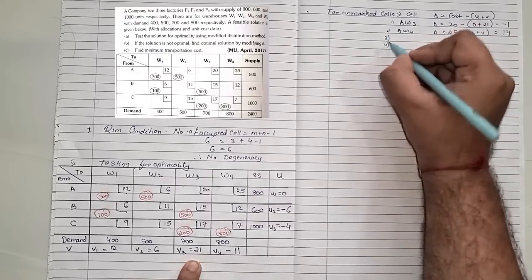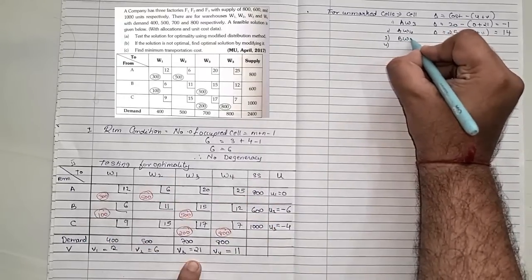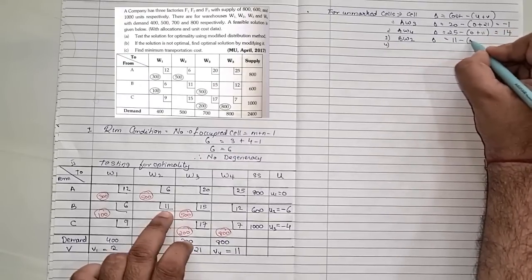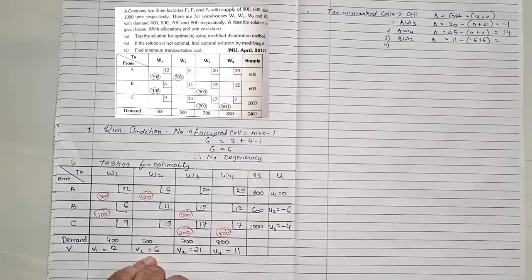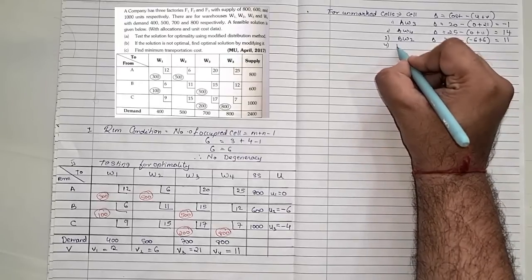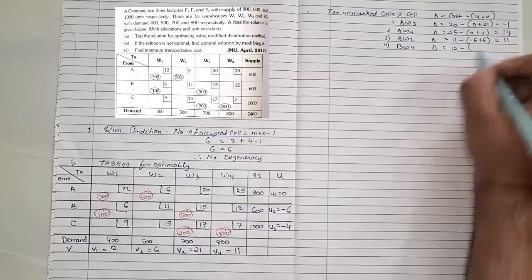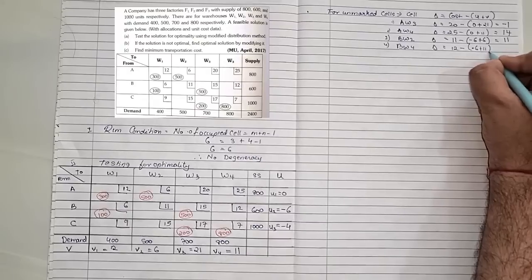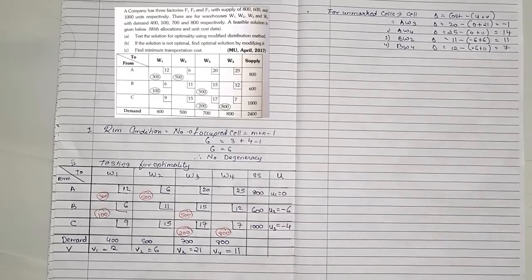The next one I have is BW2. The change for BW2 is equal to 11 minus negative 6 plus 6, so that becomes 0, so it will become 11. Next is BW4, the change is 12 minus 6 and 11, so minus 6 plus 11, that is 5, so 12 minus 5 is 7.